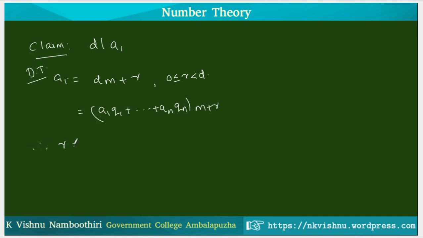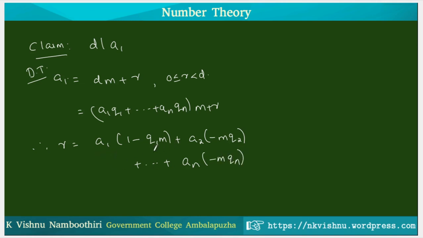Therefore, if we bring everything to the left side, r is equal to a1 into (1 minus q1m) plus a2 into (minus mq2) plus etc. plus an into (minus mqn).